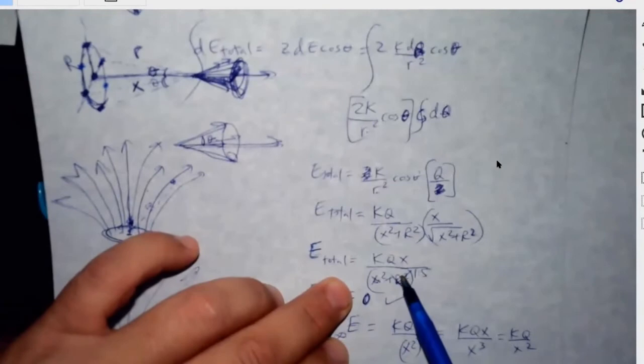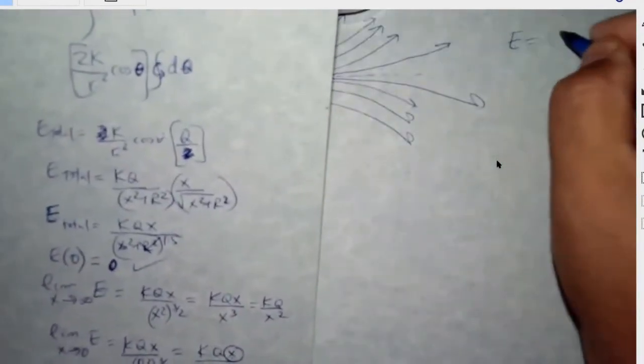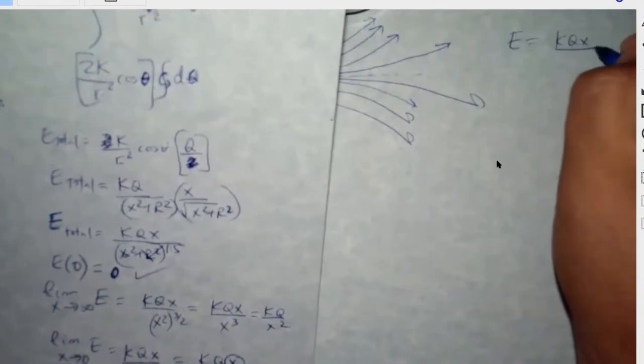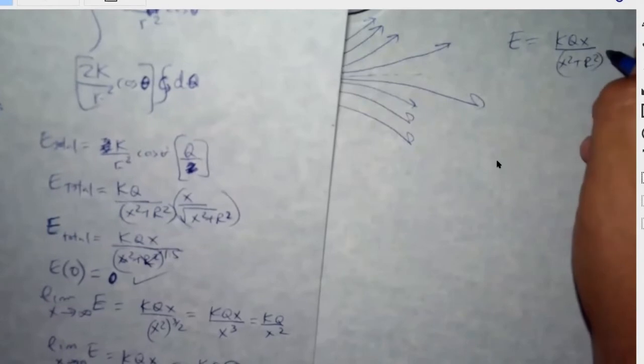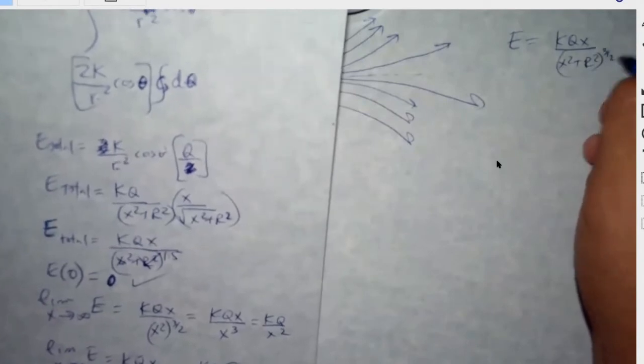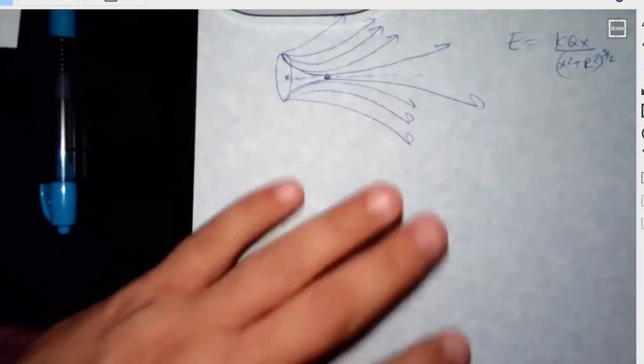Let's see here. Take the derivative of this, set it equal to 0. Right? So this is the general equation. E equals KQX over x squared plus r squared to the 3 halves. What would be the derivative of that?